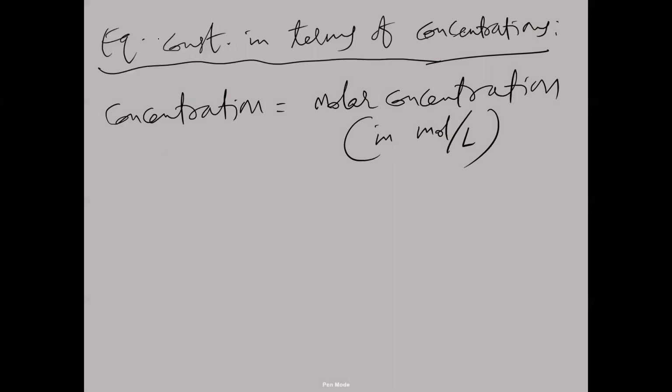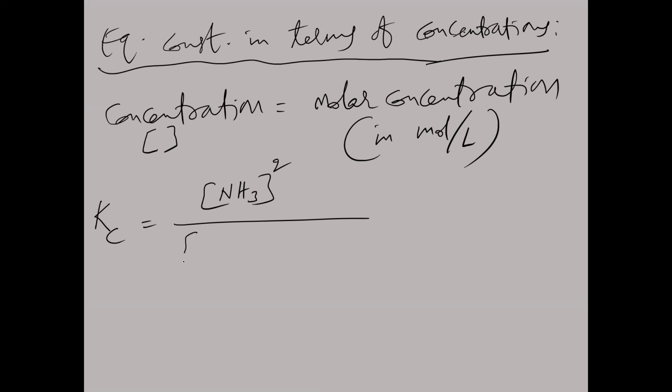In this case we write Kc. The square bracket indicates concentration. The product in the above equation is ammonia, so Kc is equal to square bracket of ammonia squared divided by the molar concentration of nitrogen to the power of 1 into the molar concentration of hydrogen to the power of 3.